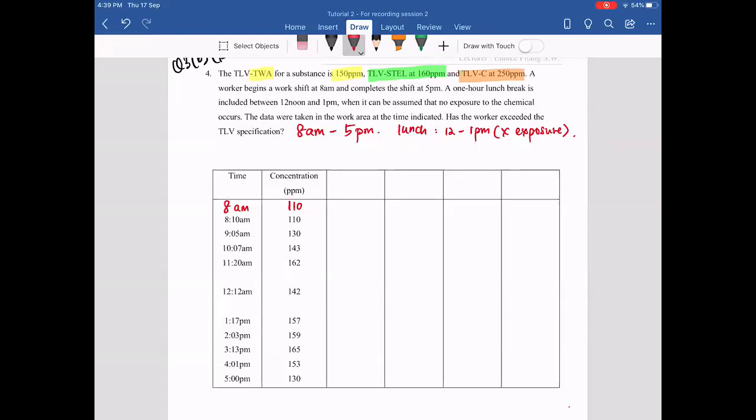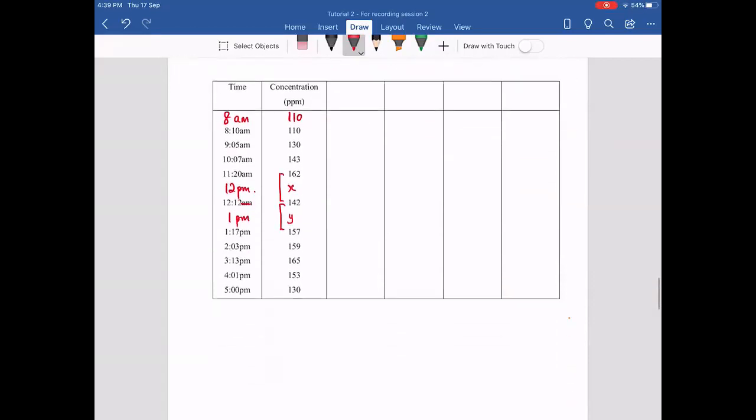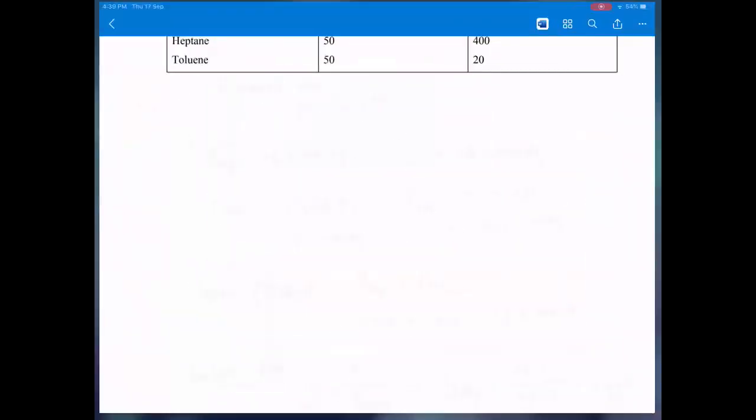I'll give you 10 minutes because it requires a calculator for some interpolations, since you may want to get 12 noon data and also 1 p.m. data here. You get your X, you get your Y, and another hint is your TWA data is also given. Let me see, where is my OneDrive?